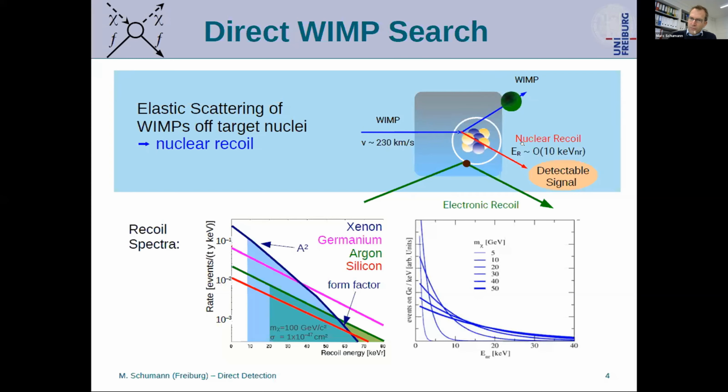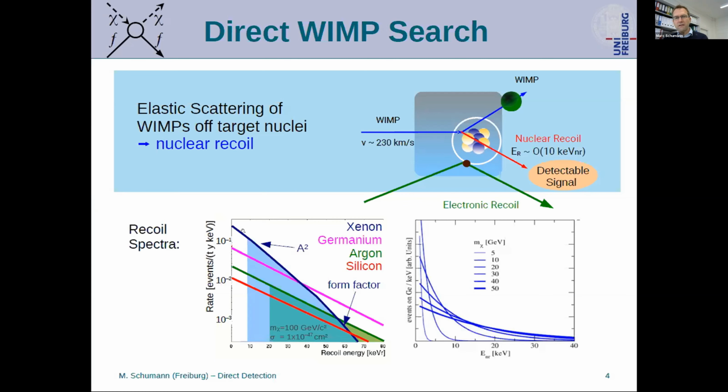The signal we look for are nuclear recoils. So basically, it's really like pool billiard. The WIMP scatters off the nucleus, which suddenly gets a recoil, and this recoil is very small but detectable. If you look at the recoil spectrum, so basically the event rate versus the recoil energy, you see this is not like a smoking gun signature from X to gamma gamma. There's no peak.